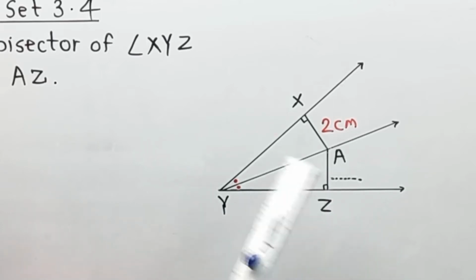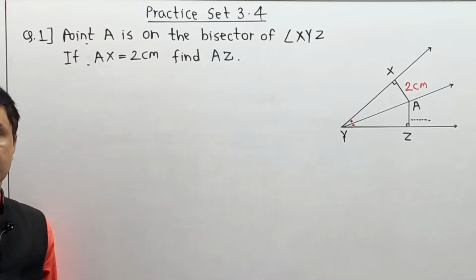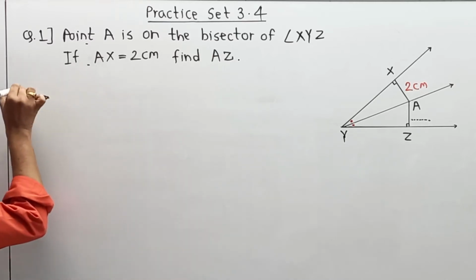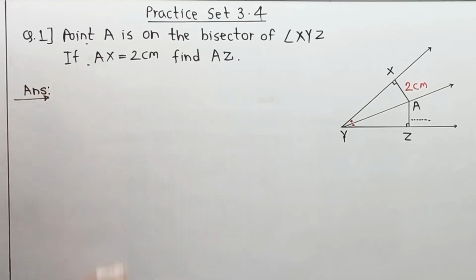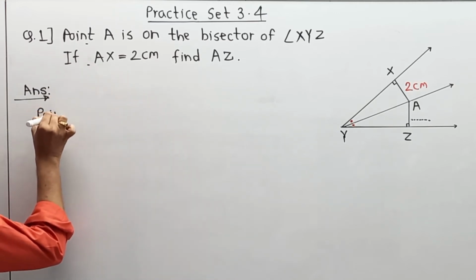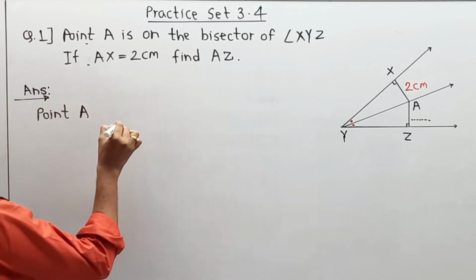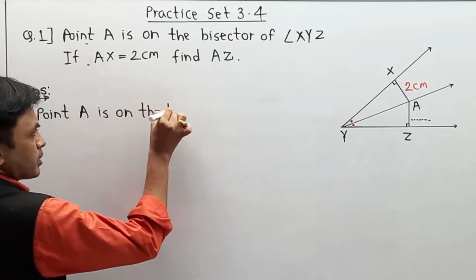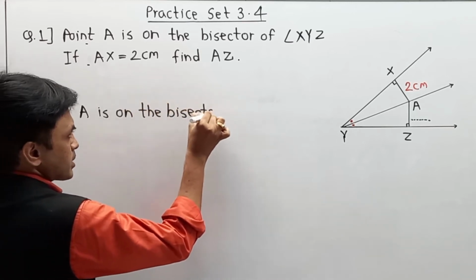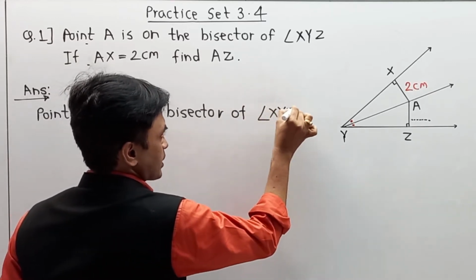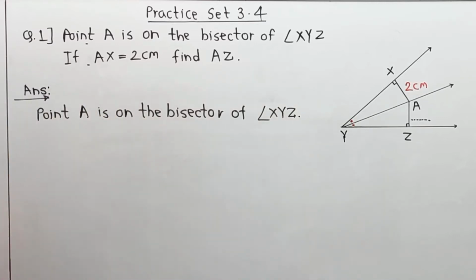So let us write that part in terms of the answer. Answer: as per the given part, point A is on the bisector of angle XYZ. They have given this, so we have written this statement.